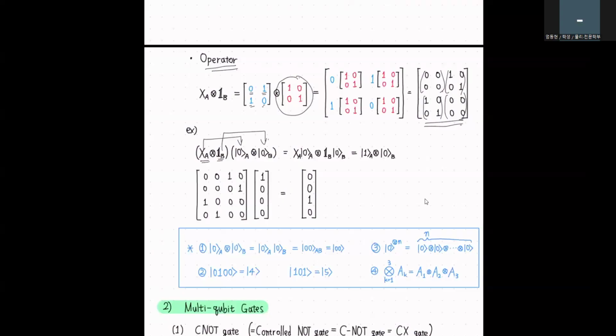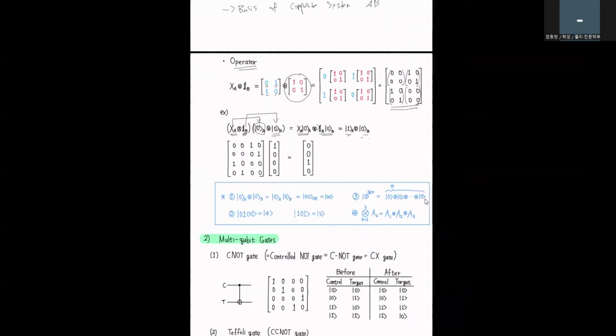So if we have an operator that's a tensor product of an operator in A and one in B, then the operator in A applies to this state in A, the operator in B applies to this state in B, and the final state is simply the tensor product of the results of the two operations. So that's one way of thinking of composite operators.